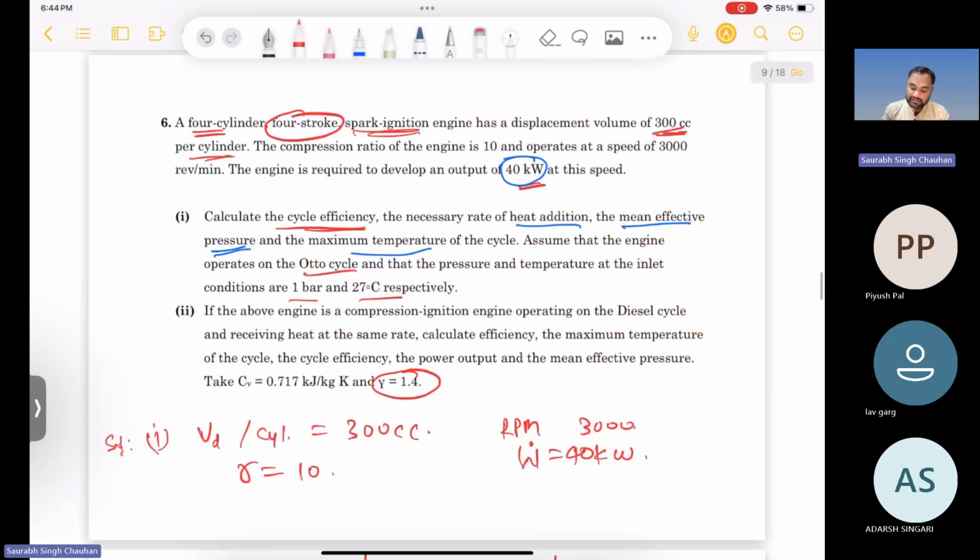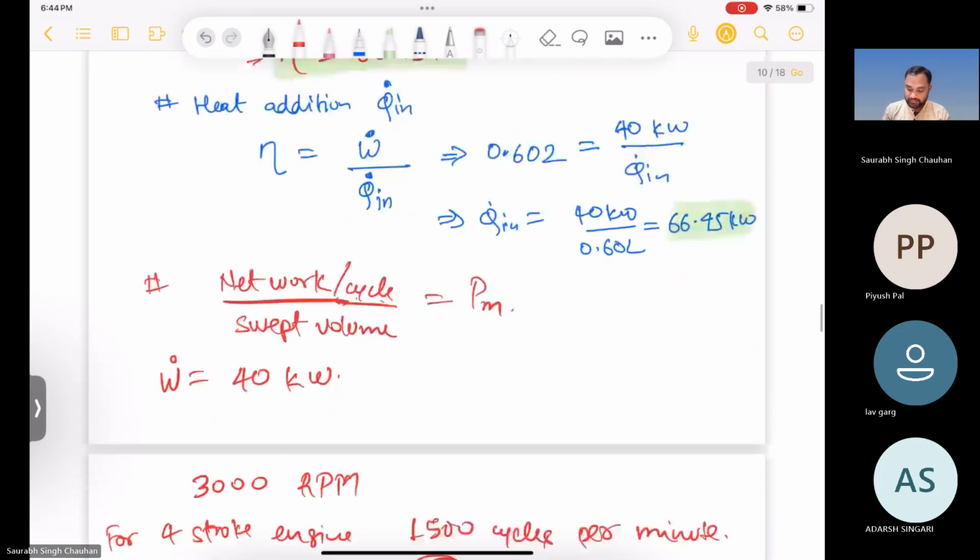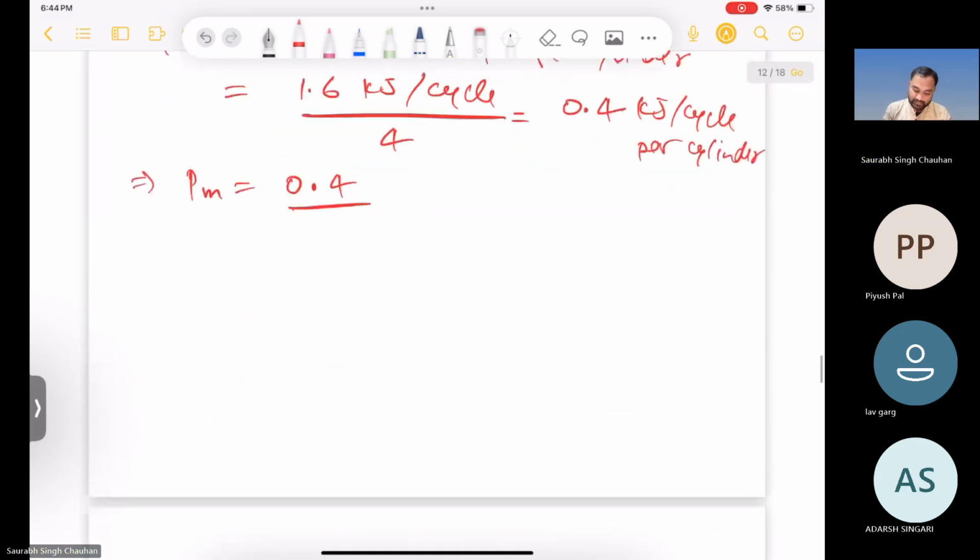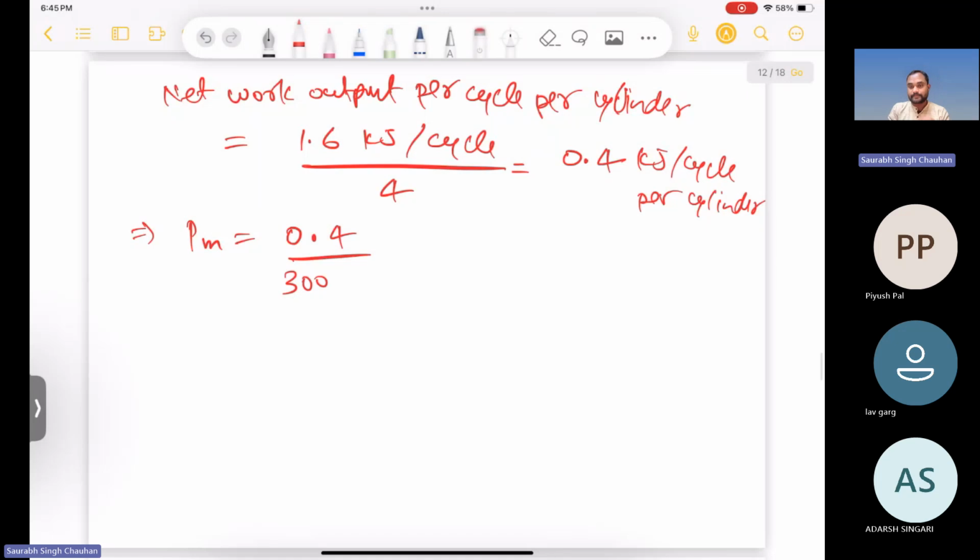It is 300 cc, right? 300 cc, so cc means cubic centimeters, and it is kilojoule per cycle per cylinder. And if you want to write it in meter cube, that is the SI unit, then in 1 meter cube, how many cc are there?